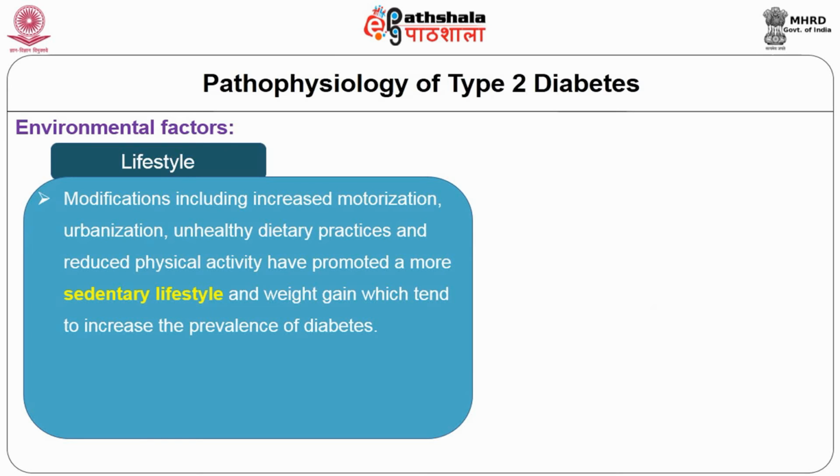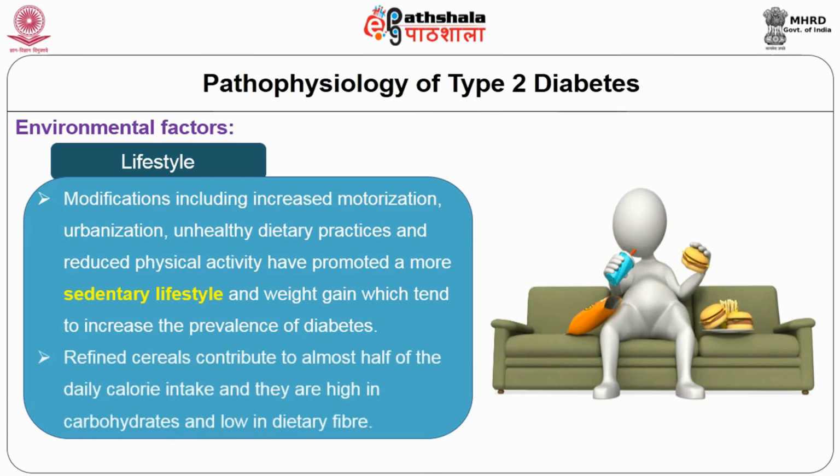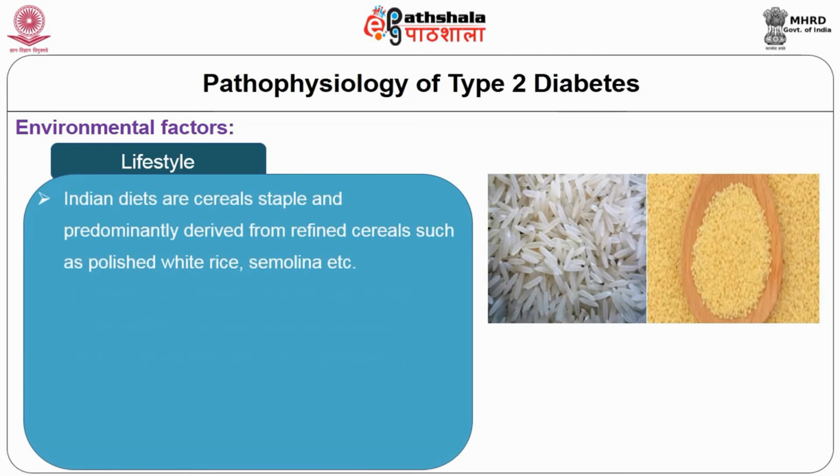And coming to the genetic factors in the pathogenesis of type 2 diabetes, various genes are involved. In India, three-fourths of type 2 diabetic patients have a first-degree family history of diabetes, which suggests familial aggregation.